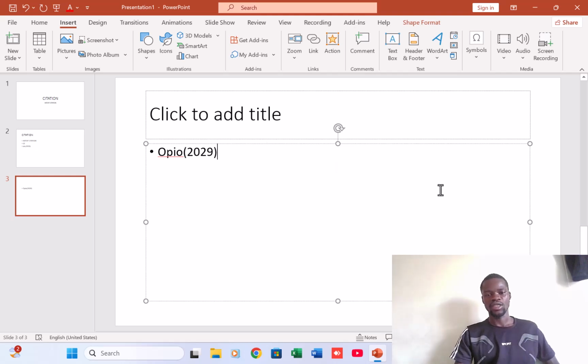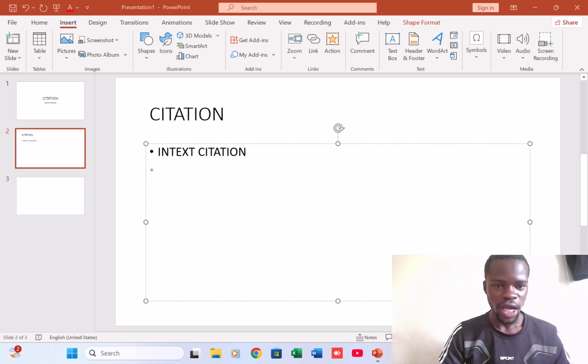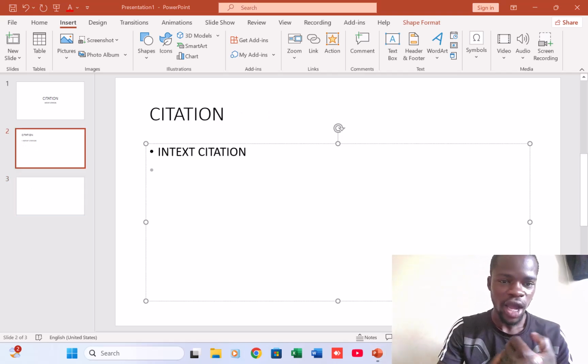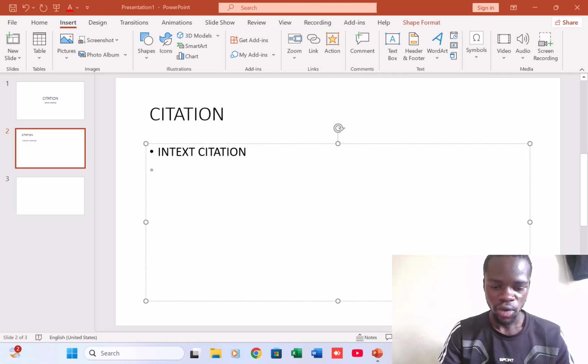But in the situation where you have two authors, let's say Opio and Ochen, at the end of the sentence you will use a symbol, with everything in the bracket.